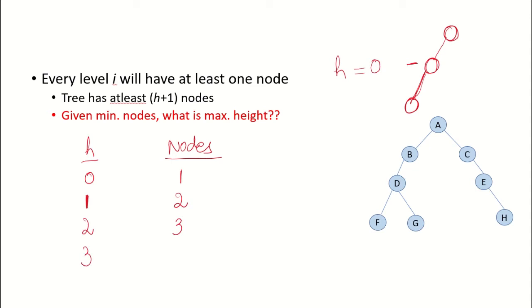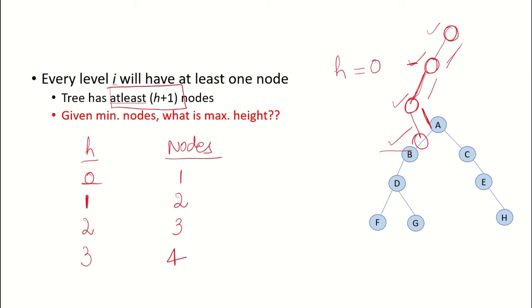If the height of the tree is 3, then again there should be at least one node at a further down level so that the height now becomes 3. 1, 2 and 3. So the number of nodes, if you count, is 1, 2, 3 and 4. So given the height of a binary tree, the tree can have at least h plus 1 nodes.